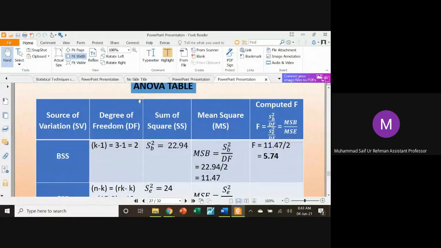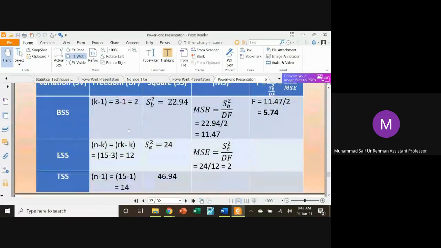I wrote the ANOVA table, where I found the values for the between treatments variation and the within treatments variation. I found this BESS or ESS, or we also call this regression sum of squares, that we use later on. And then there is the total variation in the treatments.